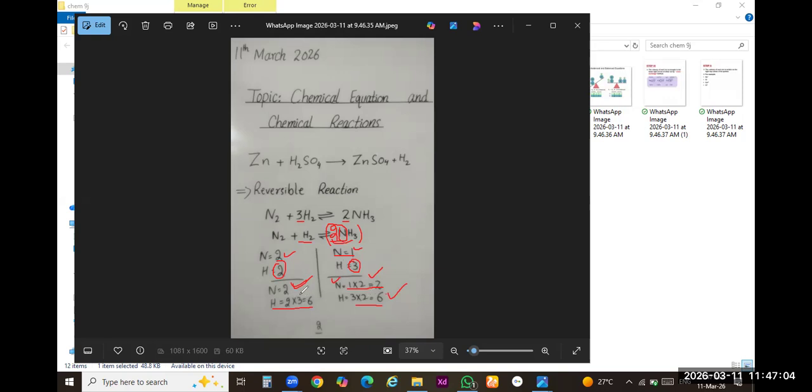So I will multiply it with 3 over there and 2 over there. 3 twos are 6 and again 3 twos are 6. Now this chemical equation is balanced. 2 elements of nitrogen are there, 2 elements of nitrogen are there. 6 elements of hydrogen, 6 elements of hydrogen on the product side. Now this chemical equation is balanced.